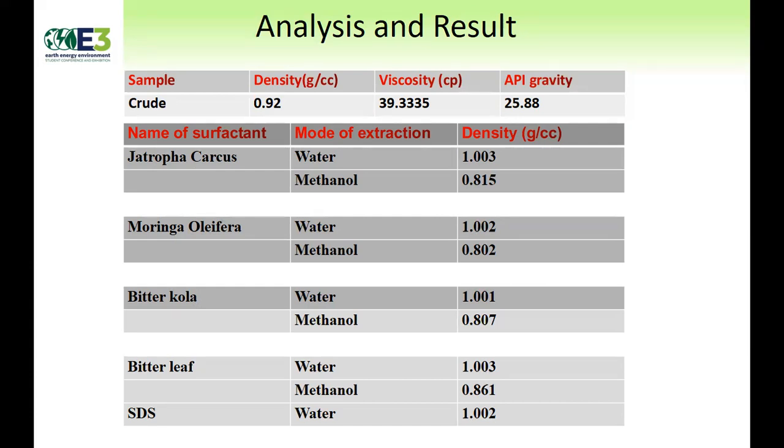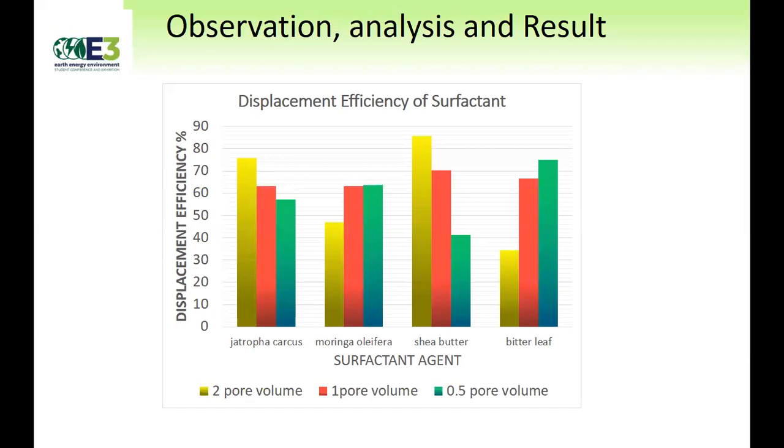So what we did was two different types of extraction, one with water and one with methanol. These were the results, and the densities were also weighed. Now, running through our results, we looked at the displacement efficiency for 2 pore volumes, 1 pore volume, and 0.5 pore volume.